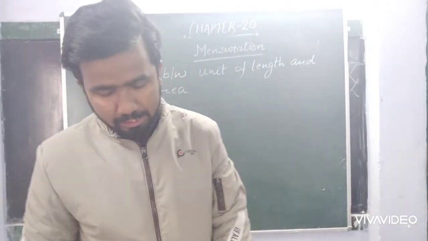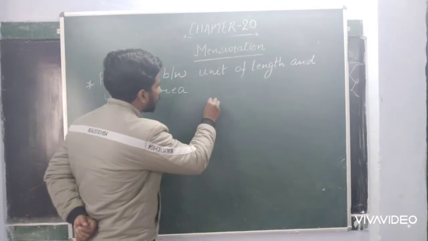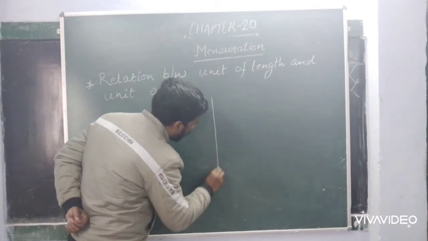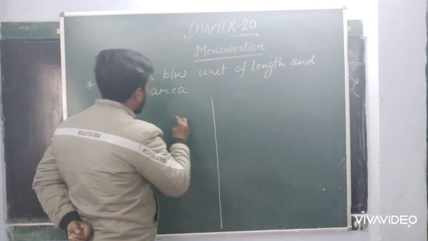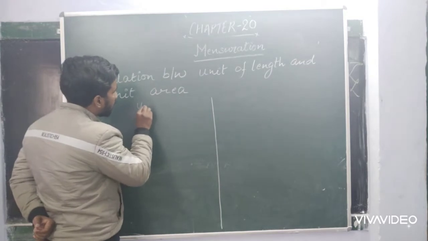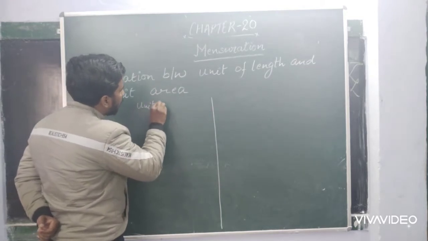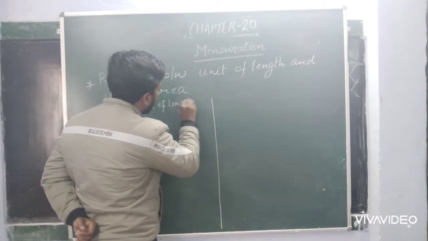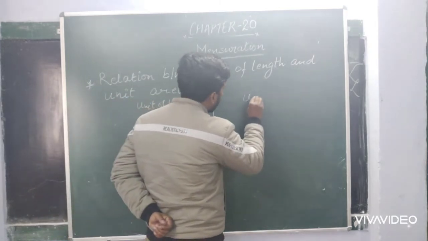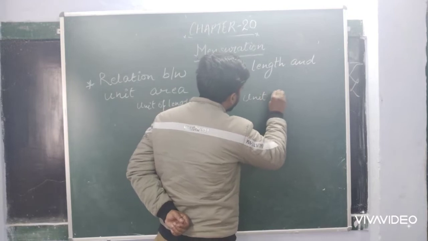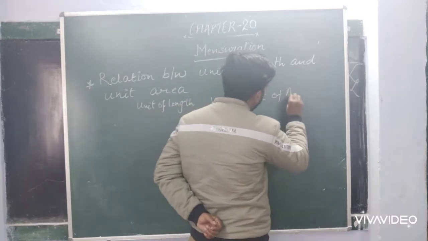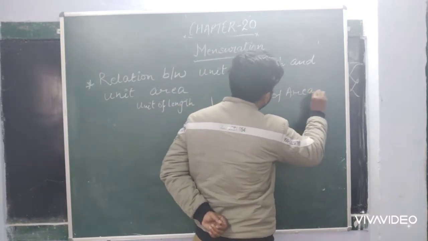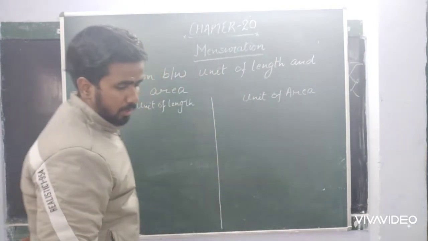Okay, let us make a table. I am dividing this board into two halves. This is unit of length and this is unit of area. Clear?